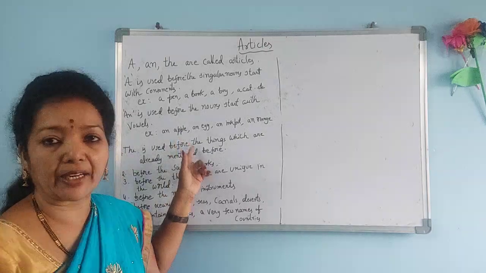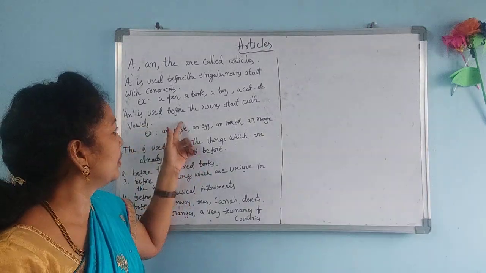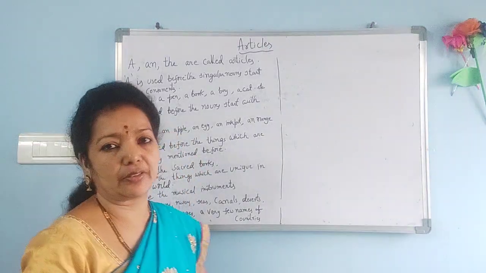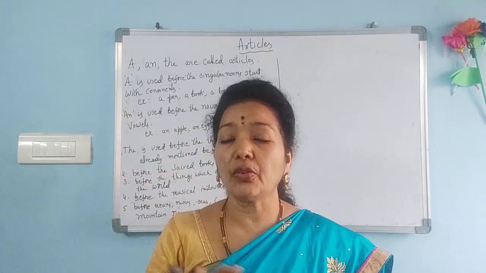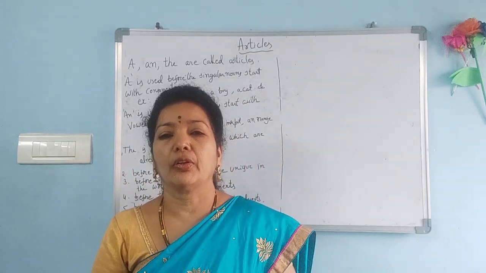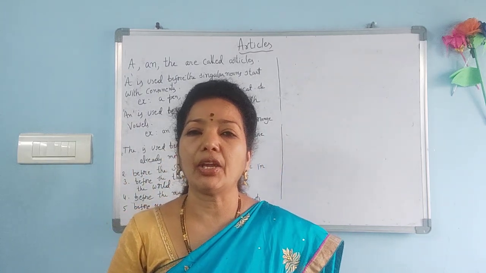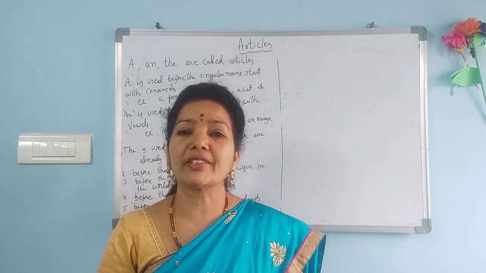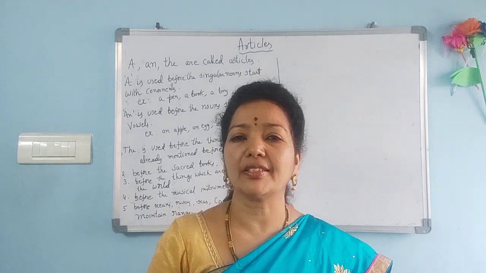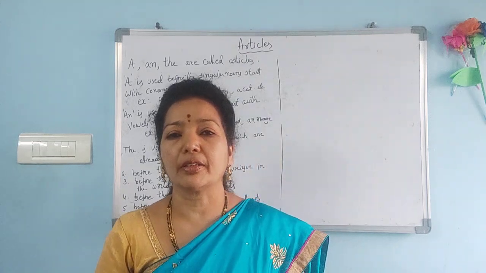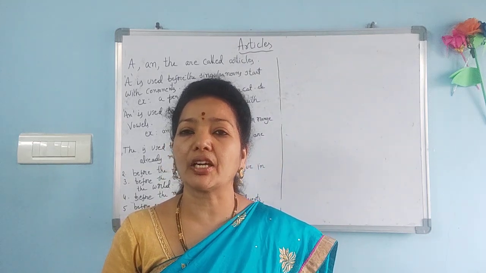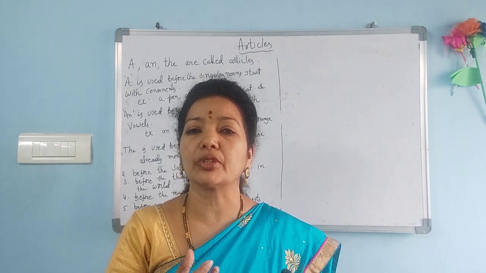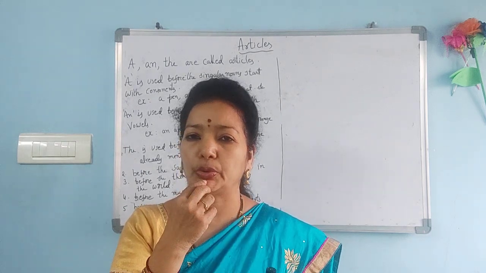When do we use an? An is used before the nouns that start with vowels. What are vowels? A, E, I, O, U are called vowels. What is the difference between consonants and vowels? When we utter consonants, we use the parts of the mouth.